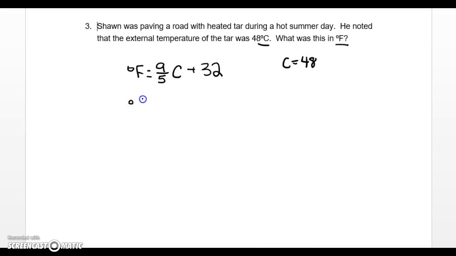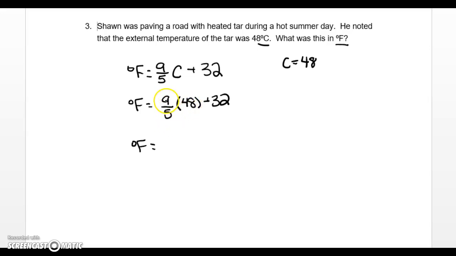So we have degrees Fahrenheit is equal to 9 over 5 times 48 plus 32. From here, we're just going to be using BEDMAS, so we're going to work with this multiplication and division first. In your calculator, you can go 9 times 48 divided by 5.